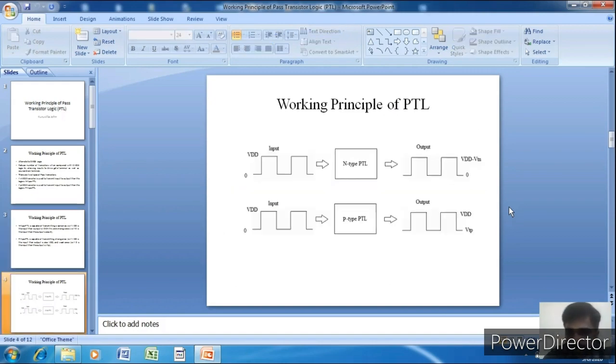That is shown here. Here our input is a signal from 0 to VDD, and it is passed to the output through an n-type pass transistor logic. Then our output becomes 0 to VDD minus VTN. 0 is transmitted faithfully and we get 0 at the output, but VDD is not transmitted accordingly.